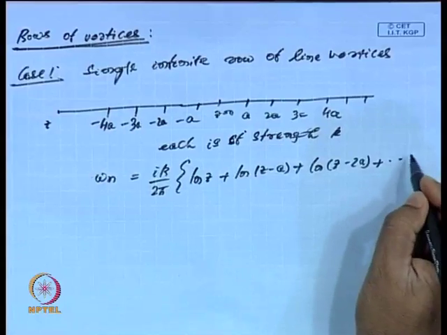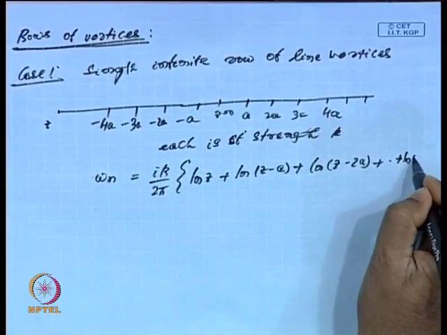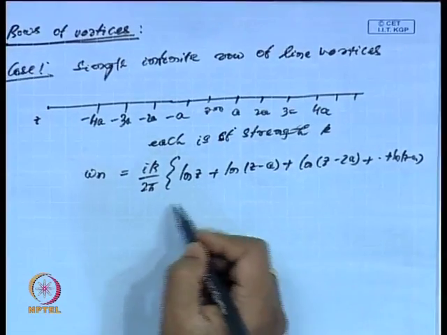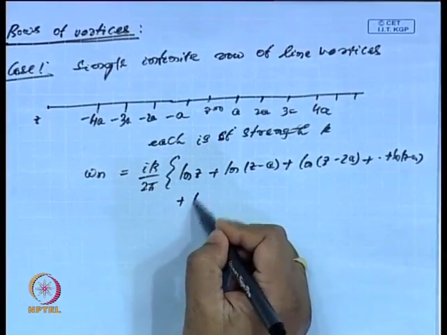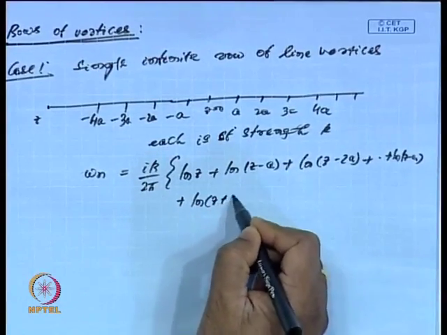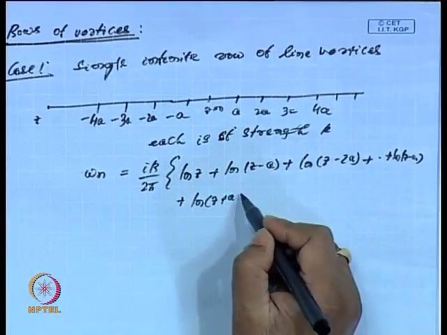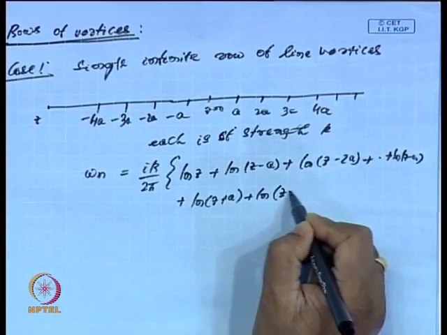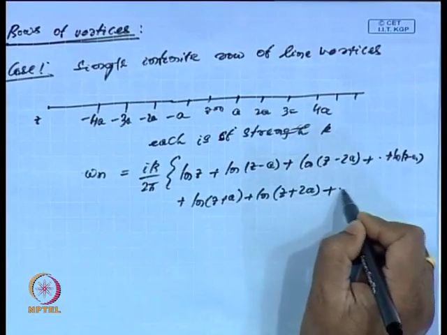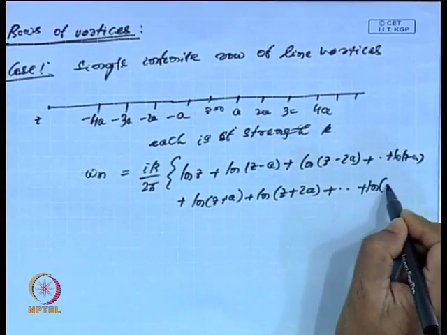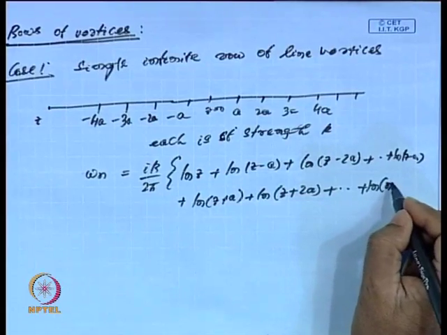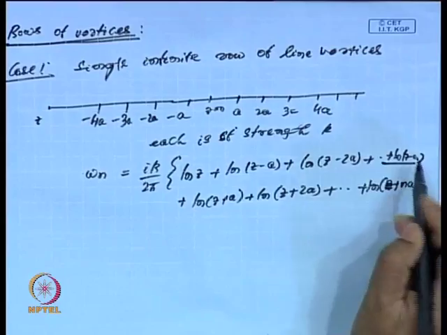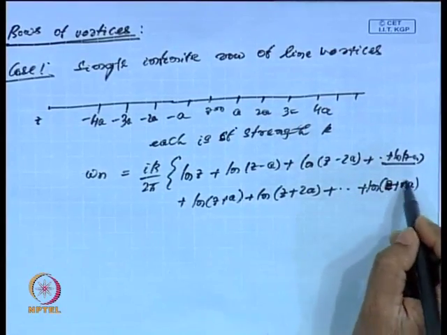This side it will go up to log z minus na, and similarly on the right side we will have log z plus a plus log z plus 2a, and it will go up to log z plus na. This is minus na, this is minus na, this is plus na.